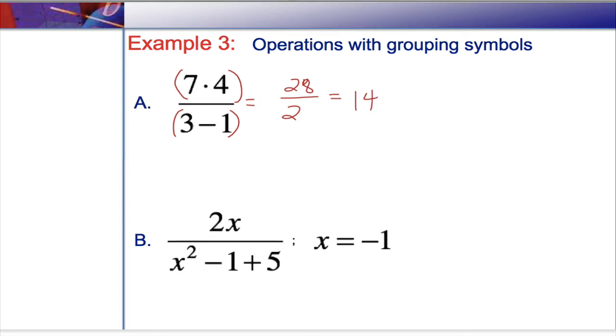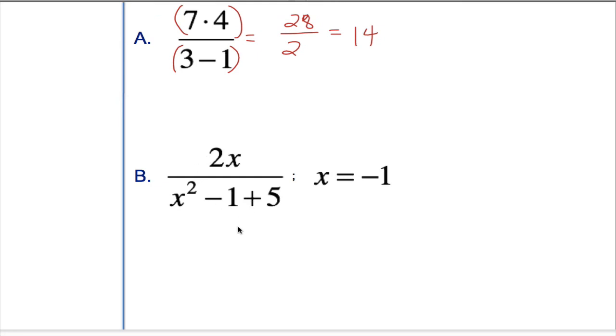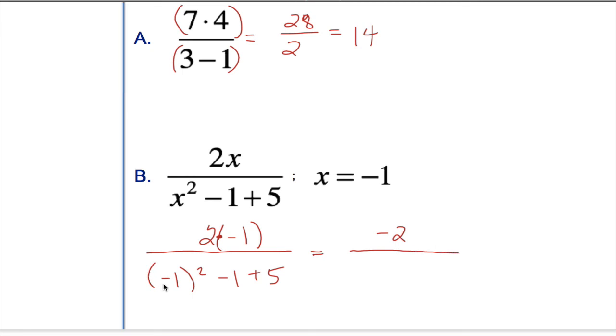In the second example, we want to evaluate the expression for x equals negative 1. So this means it's really 2 times negative 1 divided by negative 1 squared minus 1 plus 5. Let's work that out. Doing the operations in the numerator first, I'll have 2 times negative 1, which is negative 2. Now working on the denominator, I have to do my exponent first.